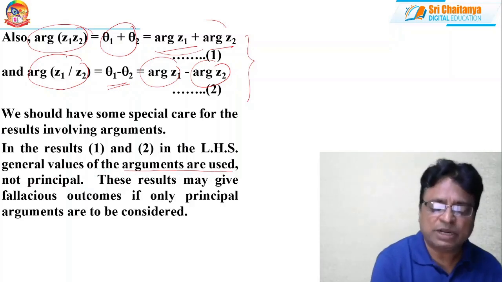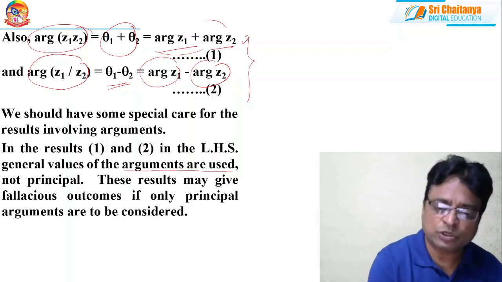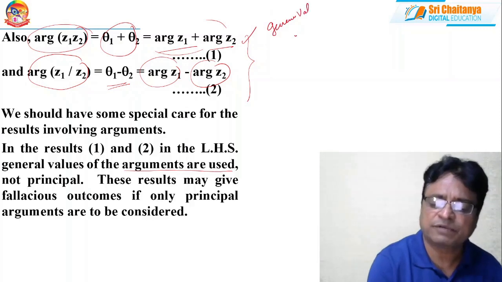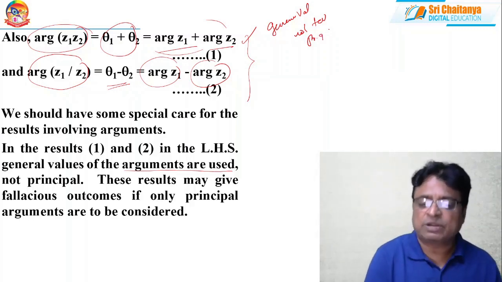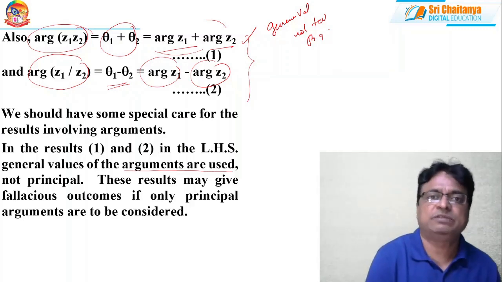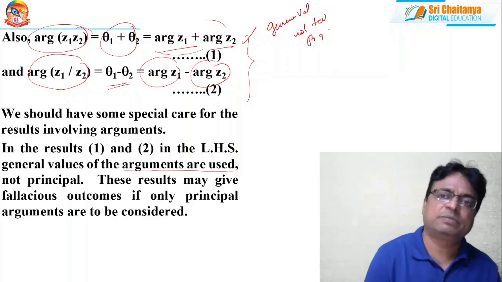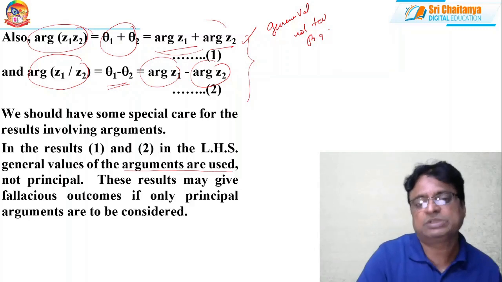So the argument of Z1 Z2 is equal to arg Z1 plus arg Z2 holds good only for general values, not for principal arguments. So there is no formula like the principal argument of Z1 Z2 is equal to the principal argument of Z1 plus the principal argument of Z2; it need not be. The principal argument of Z1 Z2 is not necessarily equal to the principal argument of Z1 plus the principal argument of Z2. I will explain that with counter examples also.